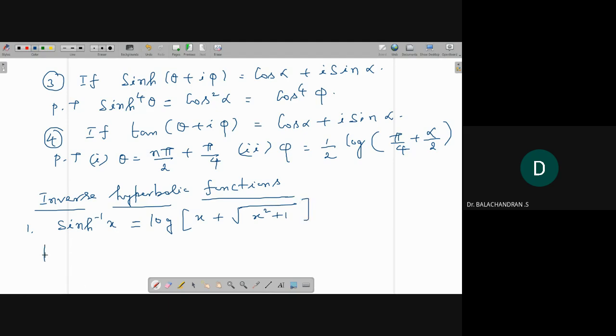So, proof. Let us take sinh inverse of x equal to y.